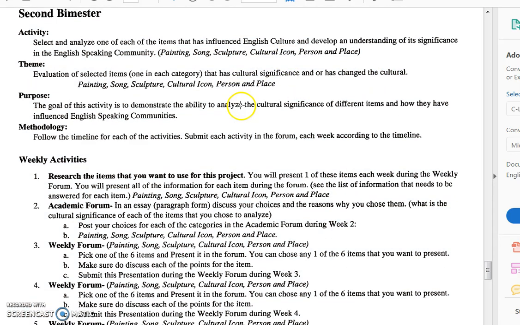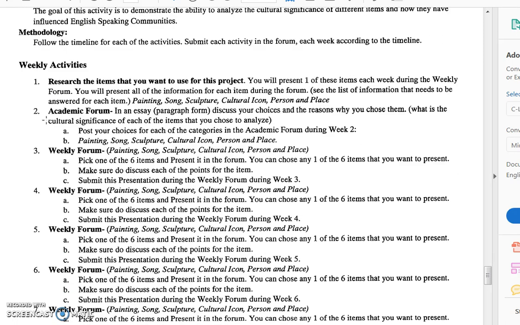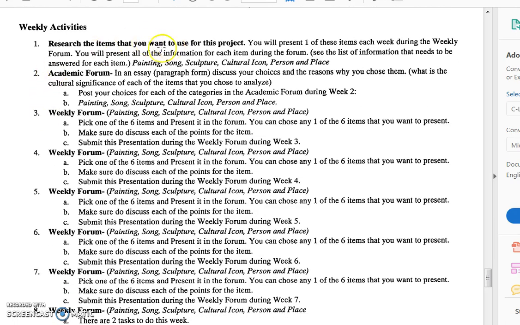Now we're going to come down to our weekly activities here. It says you're going to research the item that you want to use for this project. Now there's actually more than one item. You will present one of these items each week during the weekly forum.